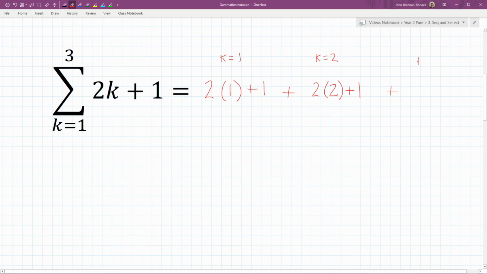And we add to that when k is equal to 3, and that is 2 times 3 plus 1. So we've gone from k equals 1 to 3. That is 2 plus 1 plus 4 plus 1 plus 6 plus 1. We've got the 12 that we had originally, plus 3 more 1s, and so we can see that this adds up to 15.